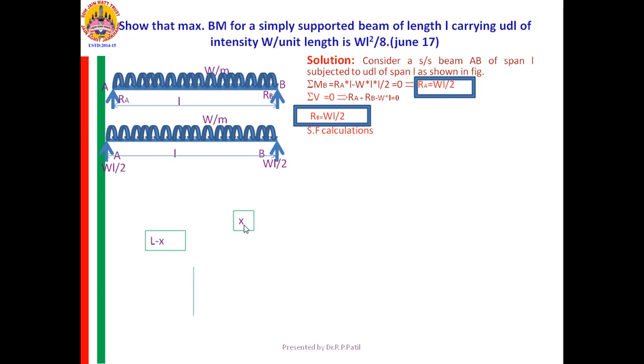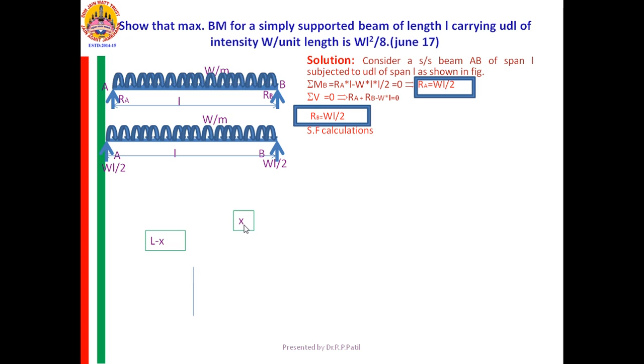Directly I could have done BM first, and explained why I need to go for the SF. BM at A equal to 0, BM at B equal to 0. Where the BM is maximum or minimum is the problem for me to complete the BM diagram. For that again I need to go for the SF. Therefore, I am going for the SF calculations.